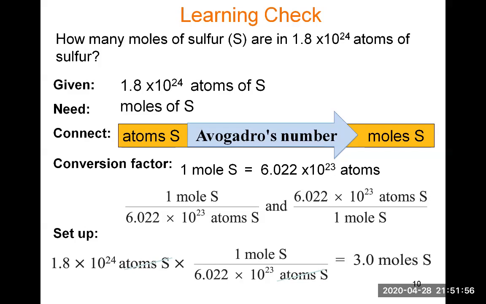In the calculator, you do 1.8 times 10 to the 24th divided by 6.022 times 10 to the 23rd. And here it is very important that you use the EE key of your scientific calculator, because if you don't, the calculator will take the 1.8 times 10 to the 24th divided by 6.022, and then it will move the times 10 to the 23rd to the numerator.